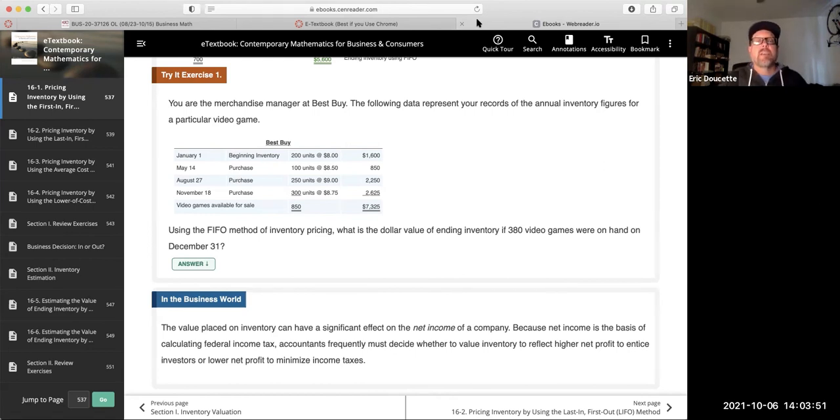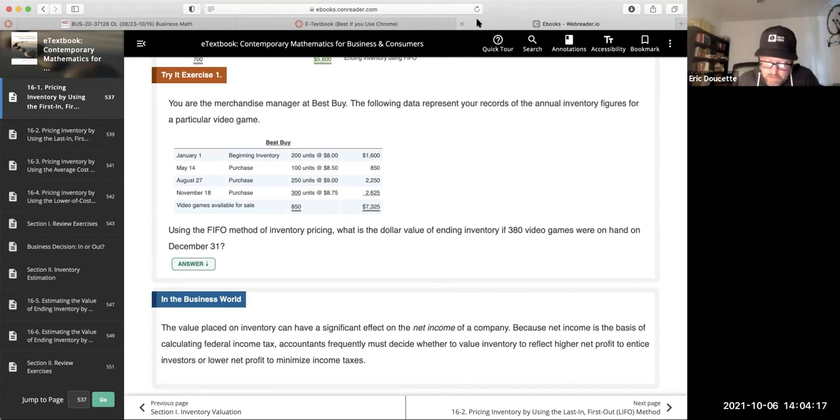So in this case, again, you have 200 units at $8. So I'm just going to write this down, and then I'll show you my screen. So $1,600 for the total inventory on January 1st, and then another $850 for what was put in on May 14th, and then another $2,250 for what was put in on August 27th, and then another $2,625.